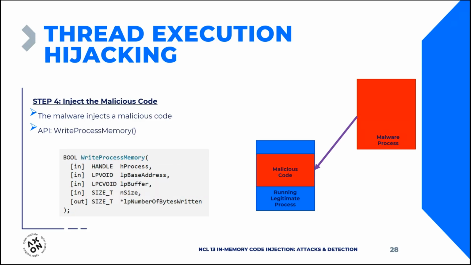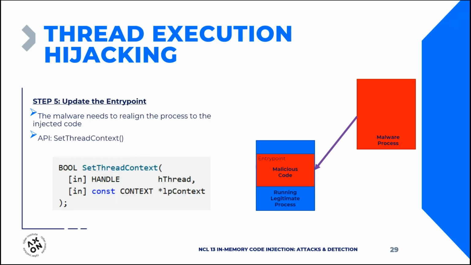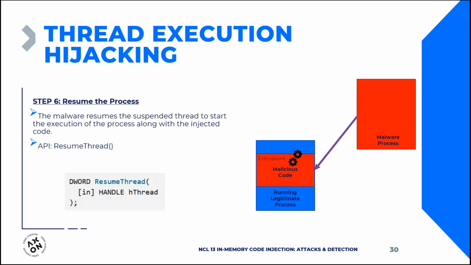Then I'm gonna inject my code using write process memory, in the same way we used write process memory to inject our code in the previous techniques. And once I have my code inside, I'm gonna update the entry point just like I did with process hollowing, using set thread context. And then all I need to do is resume the thread so that my malicious code runs.